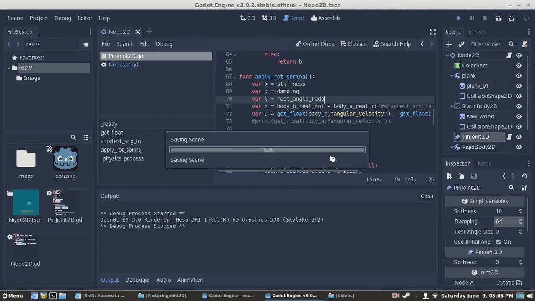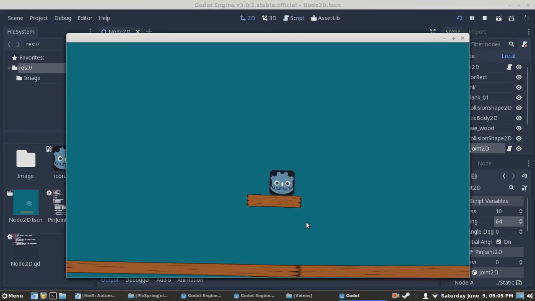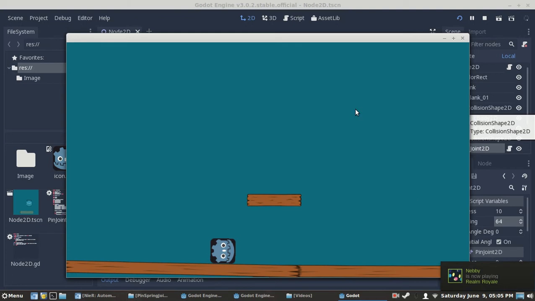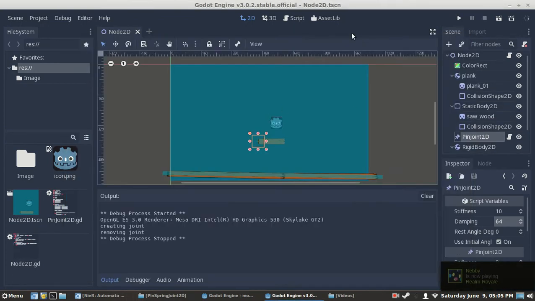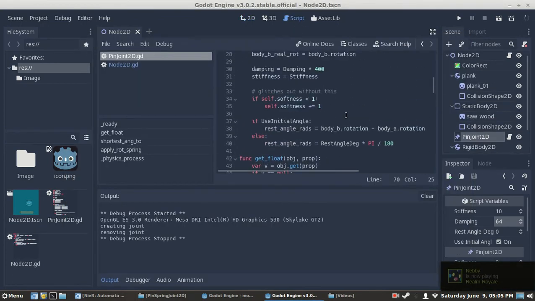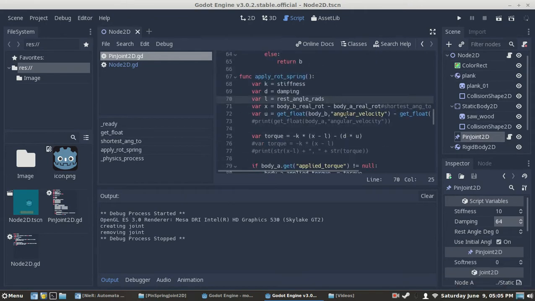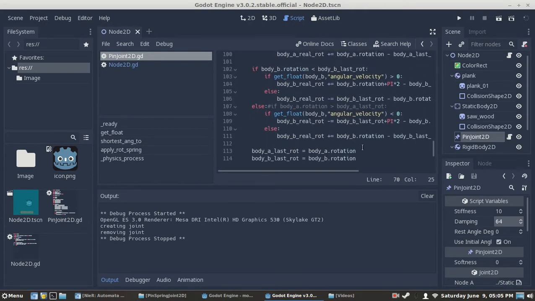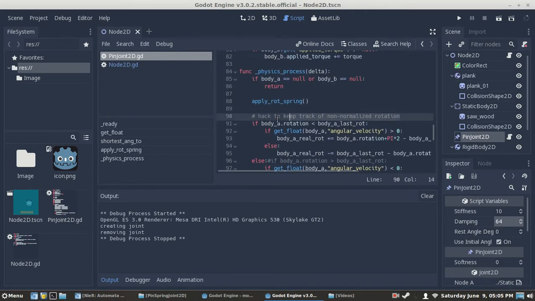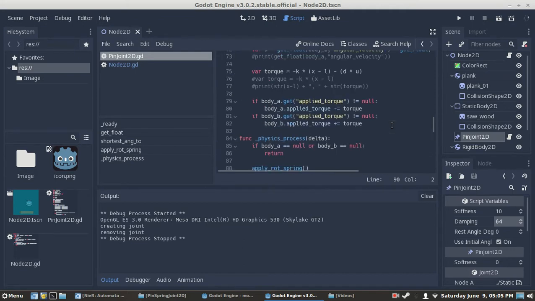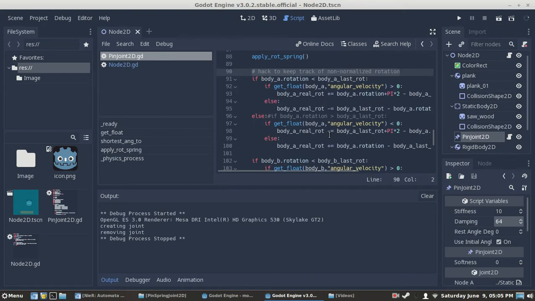If I twist this up like a mouse trap, it has no concept of multiple spins. It's just one single rotation. So I added this little hack right here, which I don't need anymore, but it's the first thing I did to fix it, and it made it work a little better.